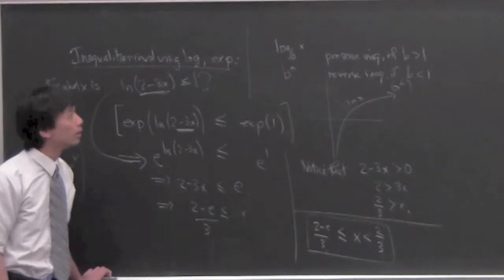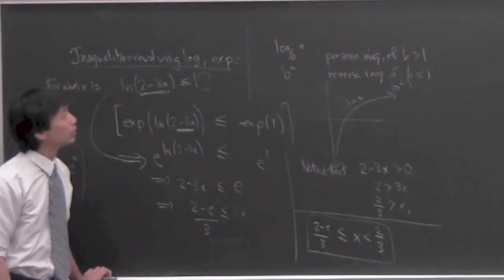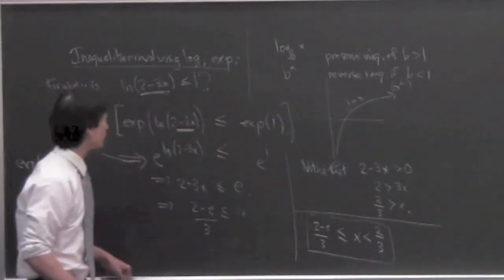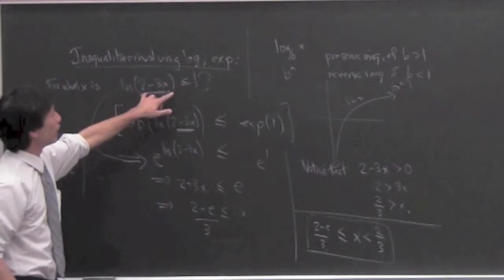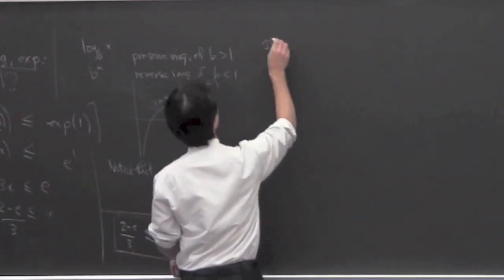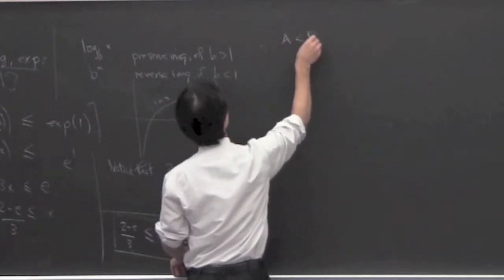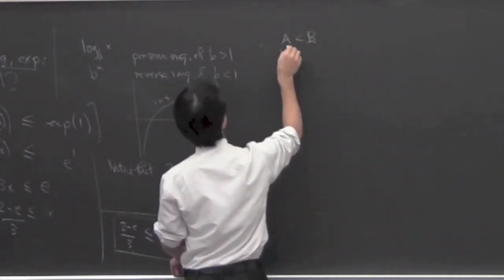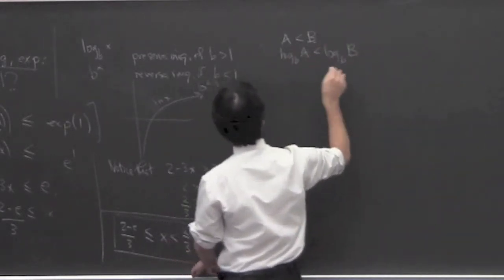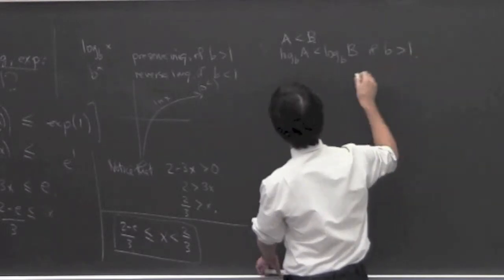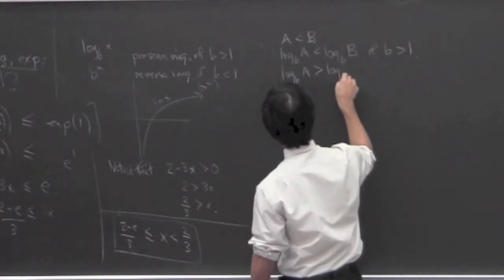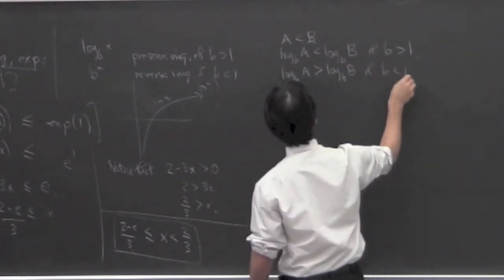I'm sorry, what does it mean that log preserves inequalities? Preserves inequality and reverses the inequality. What I mean is that if you have a is less than b, then log base b of a is less than log base b of b if b is bigger than 1, and log base b of a is greater than log base b of b if b is less than 1.